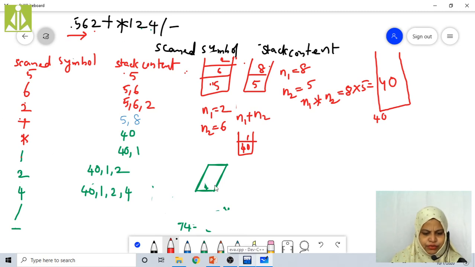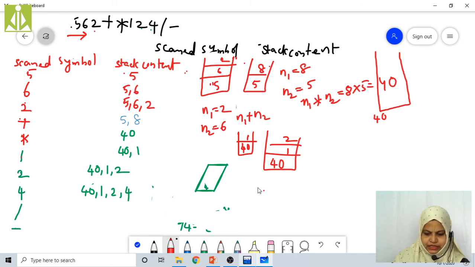Next is 2, now the stack consists of 40 comma 1 comma 2. Next is 4, you just have to enter this 4 here.